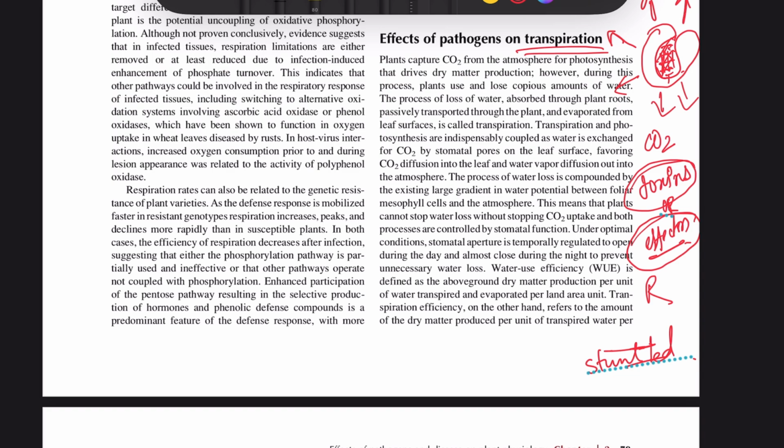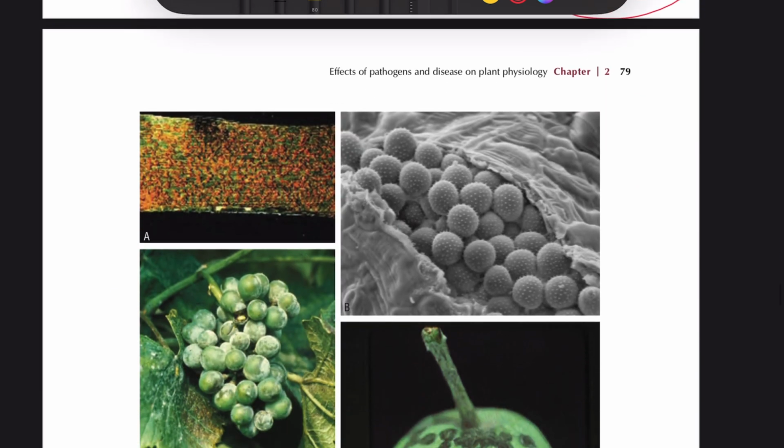So resistant varieties can be stunted. In general, we can say disease reduces transpiration efficiency, especially in severe or long lasting infections. Okay.